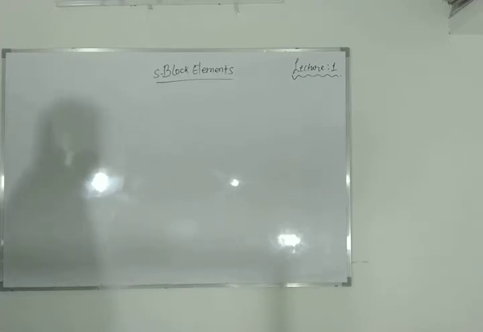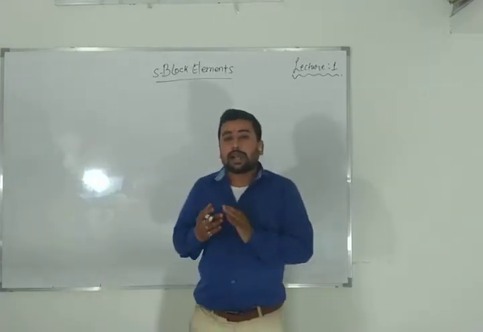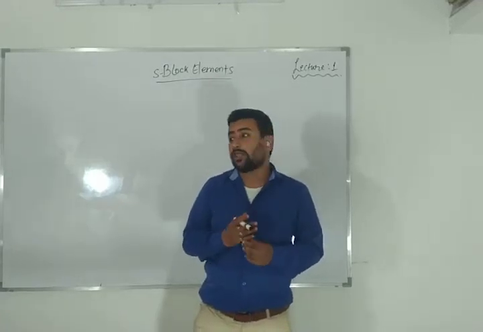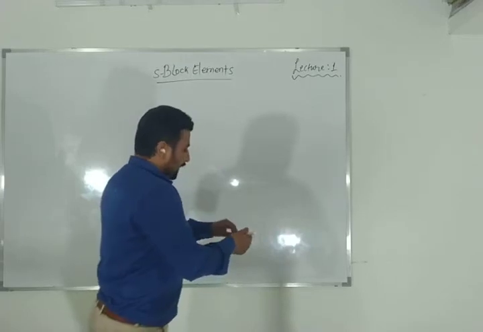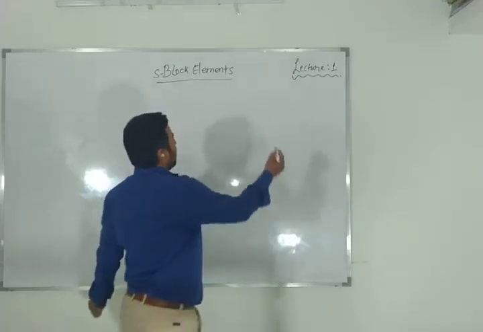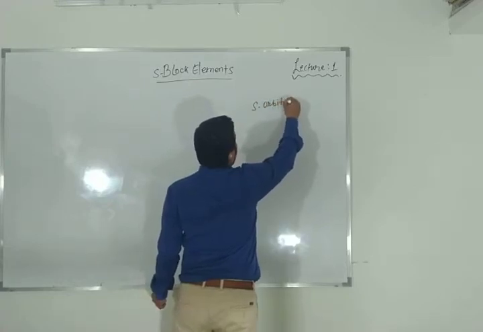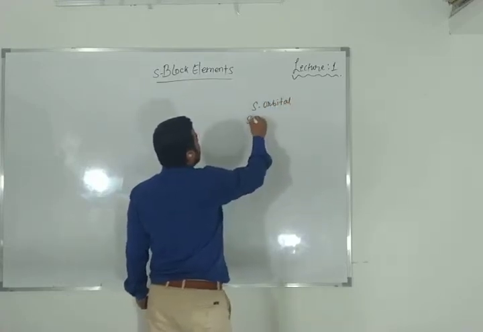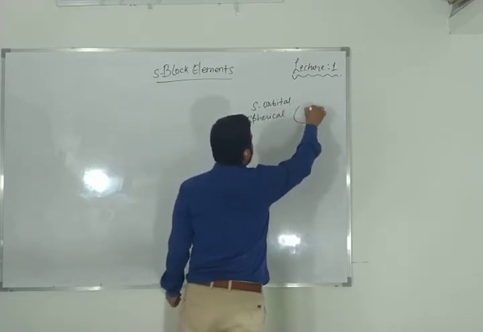Now what is the capacity of s-block elements? The s orbital means spherical orbital. The shape is spherical, just like this.